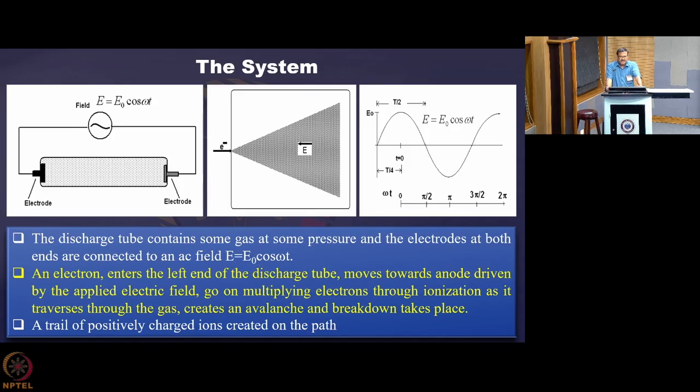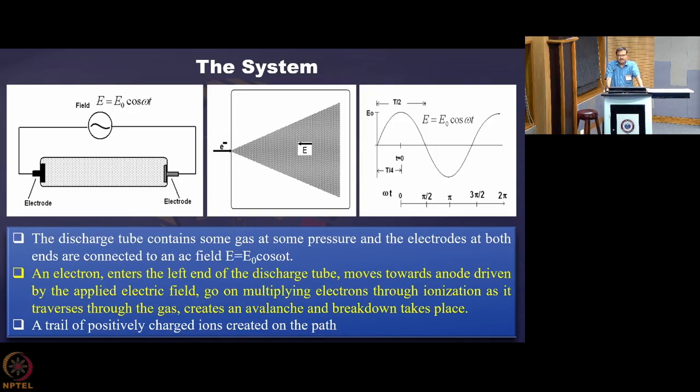So for PD, you have seen that the breakdown voltage varies very non-linearly, and you have a minimum breakdown voltage corresponding to some PD. Okay. So with this, we now switch to the AC breakdown mechanism.